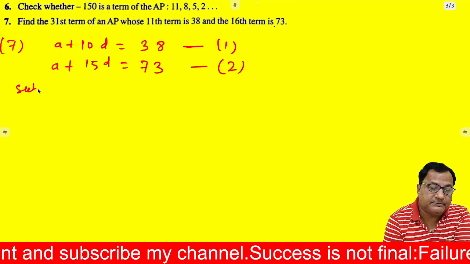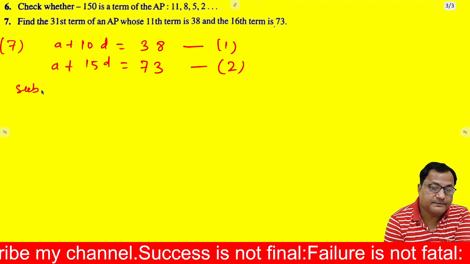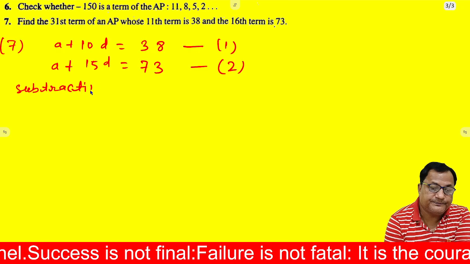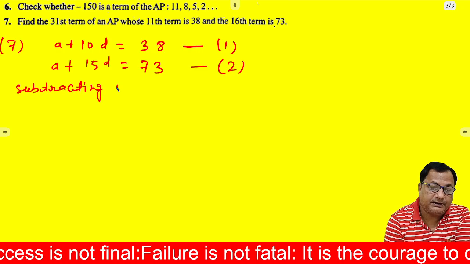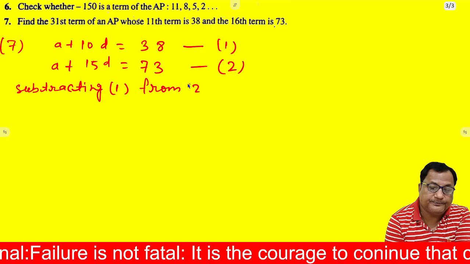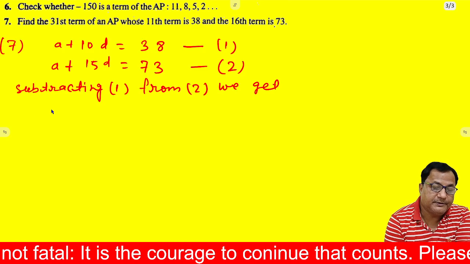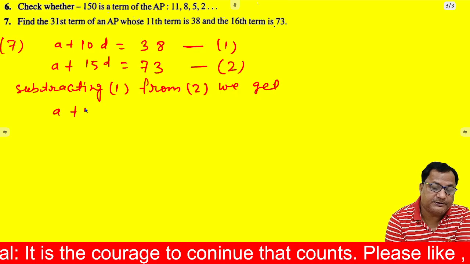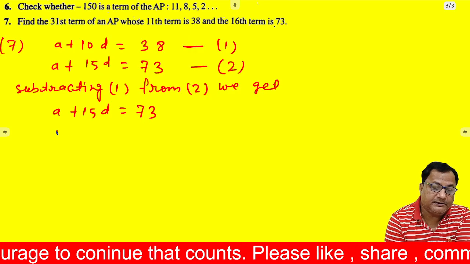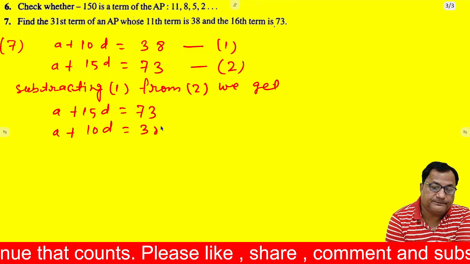Now subtracting 1 from 2, we get: we will subtract a plus 15d equal to 73, a plus 10d is equal to 38.